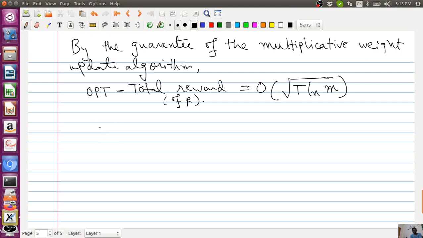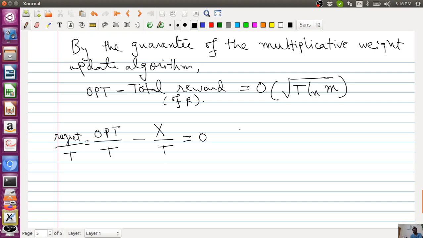And so let's divide through by T. So we get opt by T minus total reward by T, which is the expected reward, which is basically the time averaged regret.